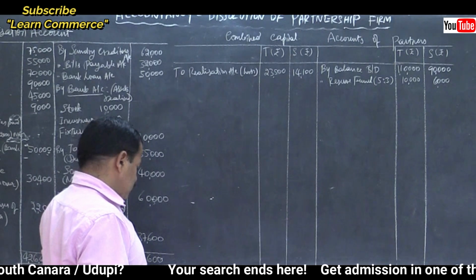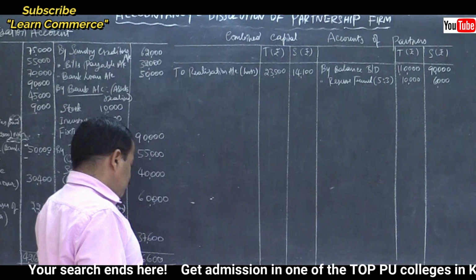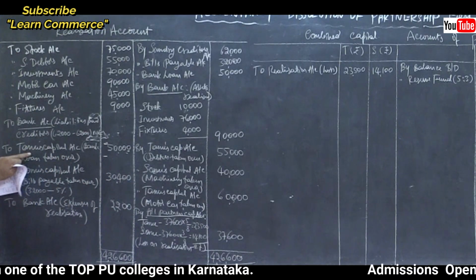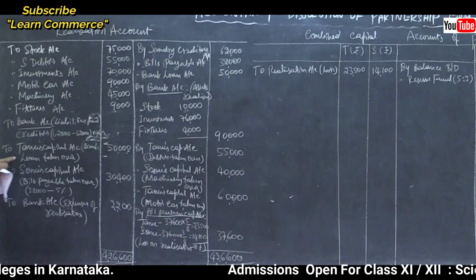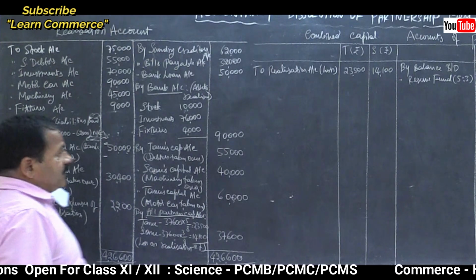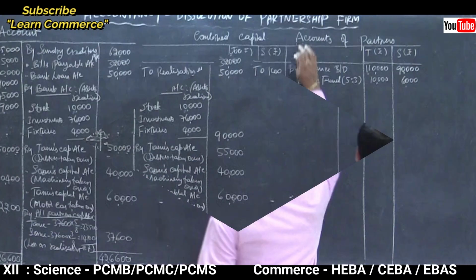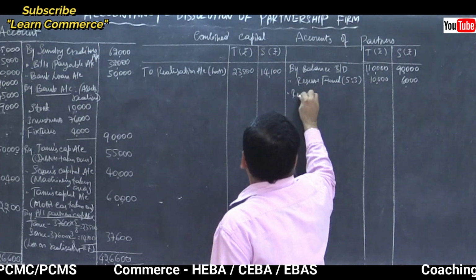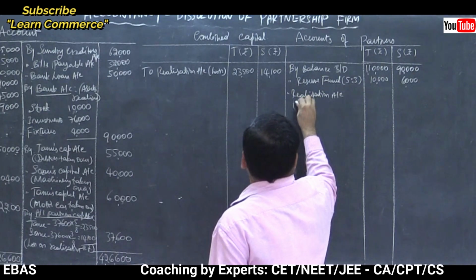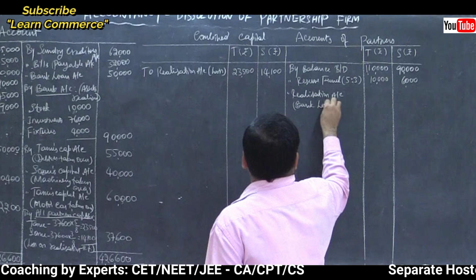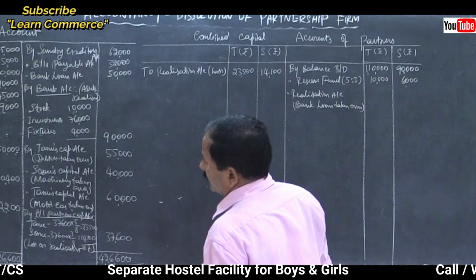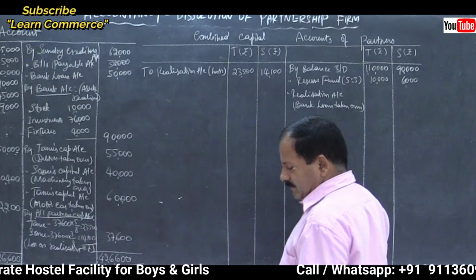Then liability taken over, here Tanu's capital account, isn't it? Realization account debtor to Tanu's capital account, bank loan taken over. Tanu's capital account is credited by realization account. Bank loan taken over. How much? Bank loan taken over.